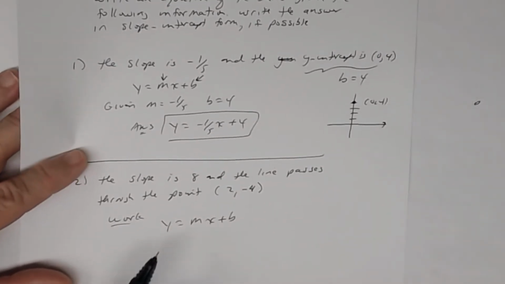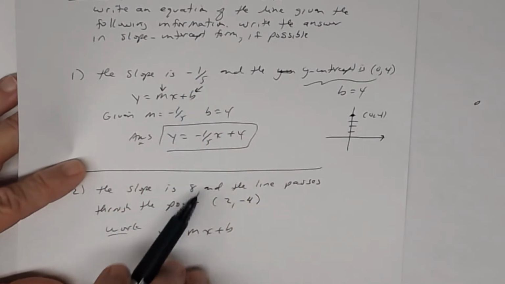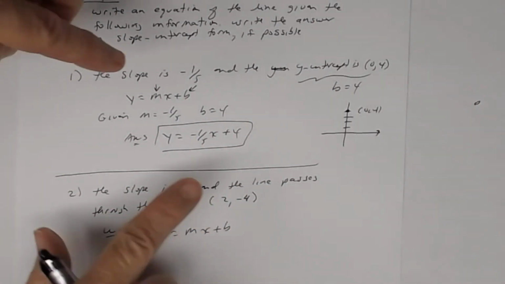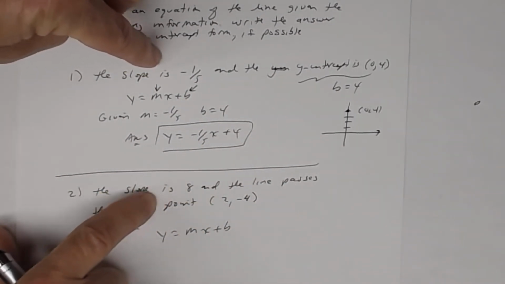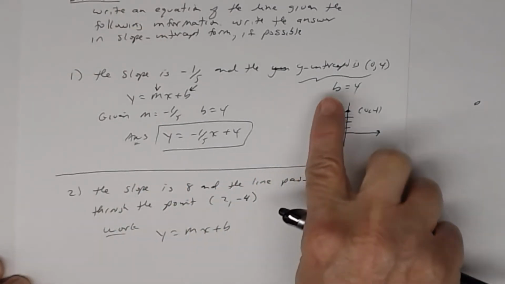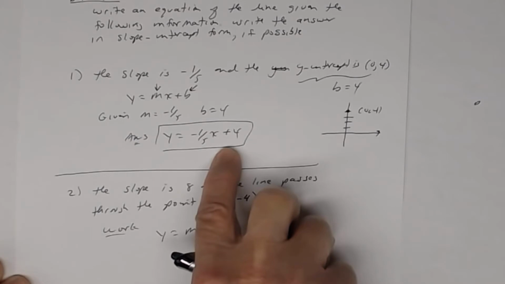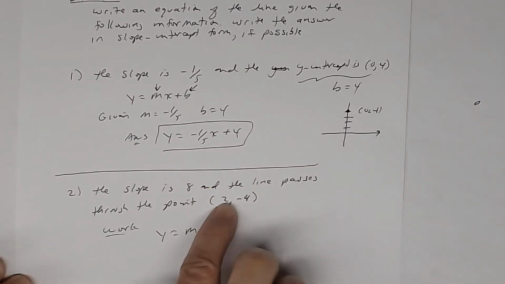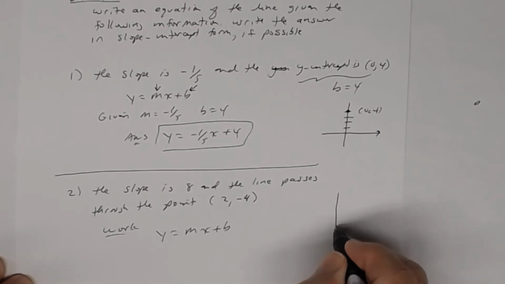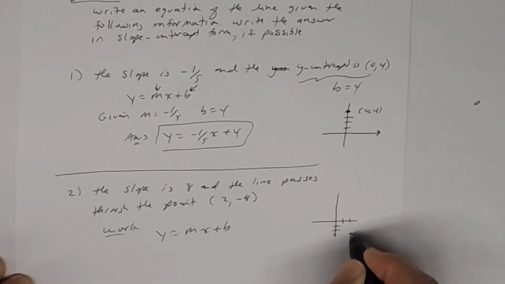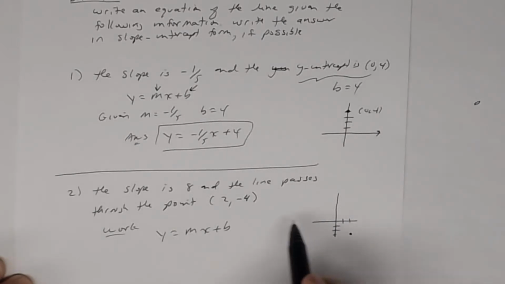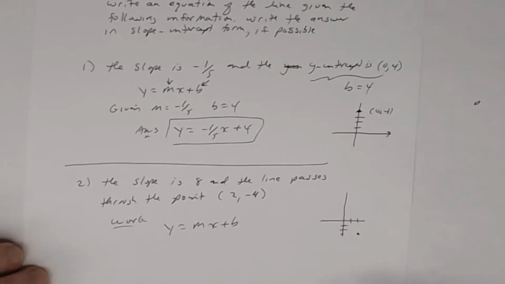The difference between this one and the last one is that in both cases you're given the slope, but there you were given the y-intercept, so that was easy. Here, (2, -4) is not the y-intercept. It does not lie on the y-axis, so that does not tell you what the y-intercept is. You've got to find it.